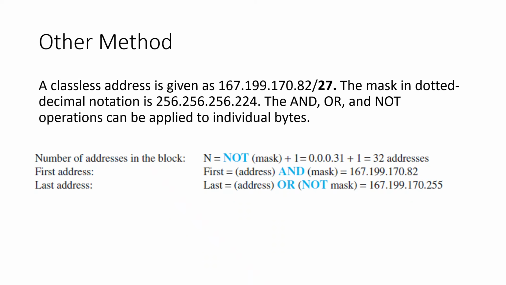For the last address, you have to apply the NOT operation on the given mask, then apply the OR operation between the address and NOT mask, and you will get the last address in this address space. So these are two different methodologies to find the total number of addresses in the block, the first address and the last address in the block.